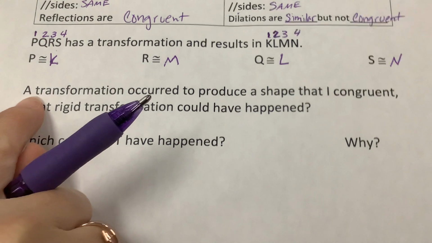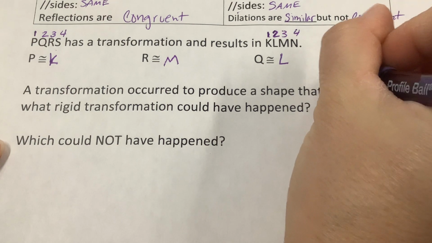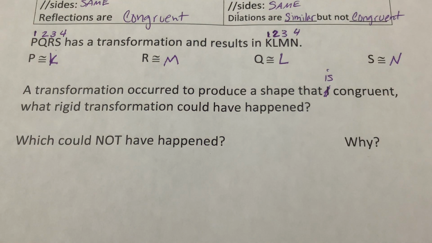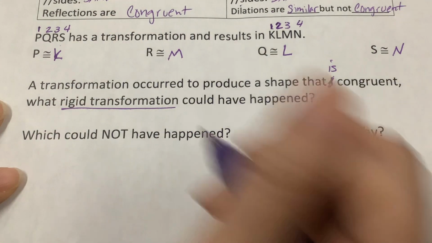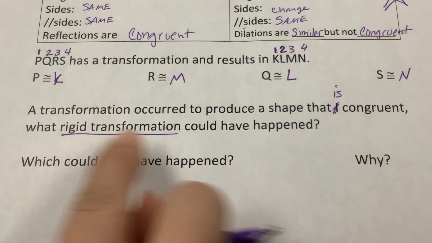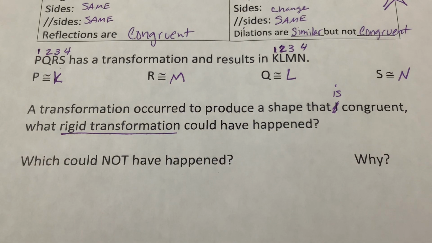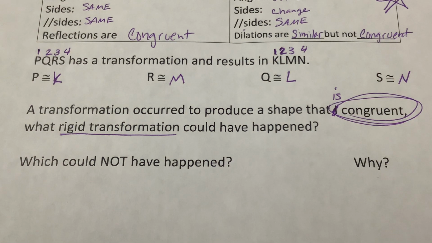Okay, so now it says a transformation occurred to produce a shape that is congruent. What rigid transformation? If it's rigid, it means it's one of these four that's at the top that could have happened. Okay, if it stays congruent, which ones could have happened?